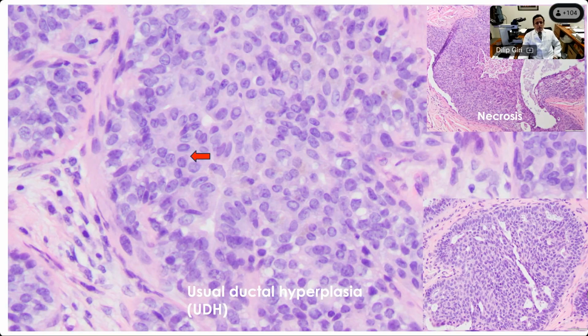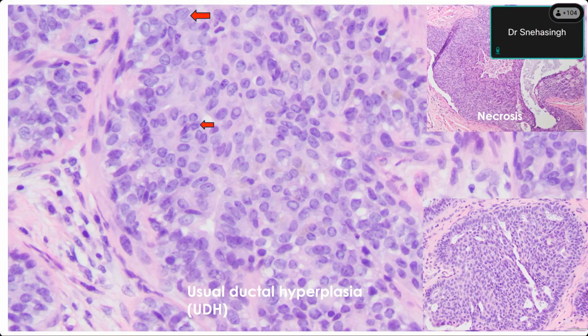And some of these also show nuclear grooves, these linear grooves. And again, this arrow will now point out the nuclear inclusions.